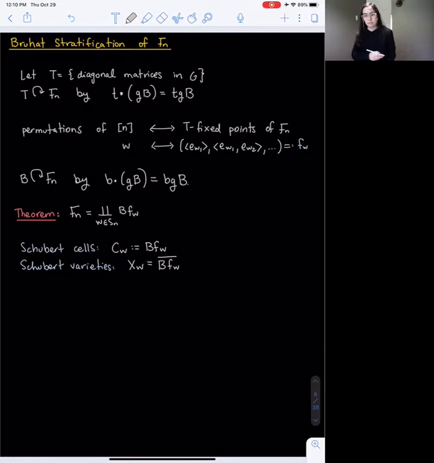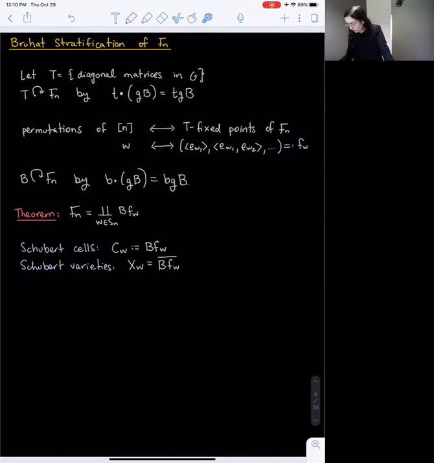It's very nice. It helps us talk about group actions on the flag variety very straightforwardly. We just did that with the torus, but we can also do that with B, which I will refer to as the Borel subgroup. Remember that B is the upper triangular matrices, and B acts on the flag variety again by matrix multiplication.